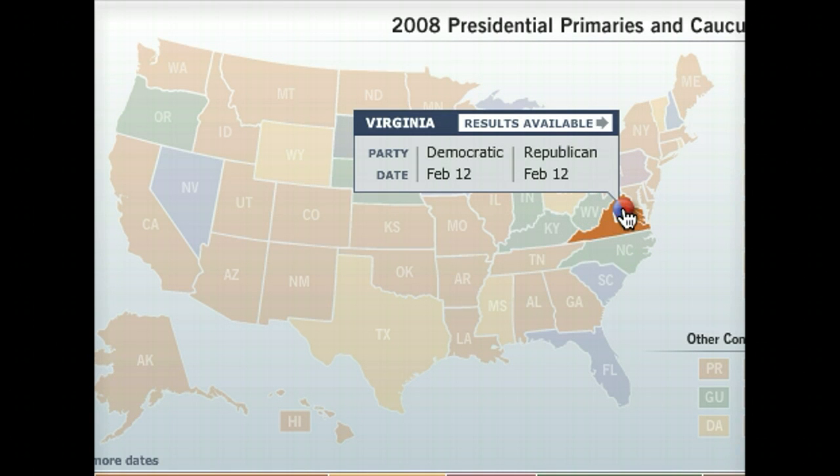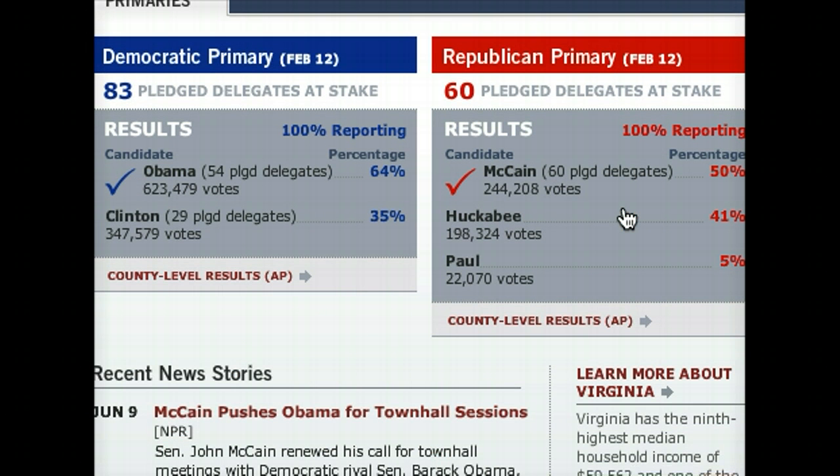So let's look at Virginia, since this is U.S. VA government, essentially. Okay, so I told you that the Democrats in Virginia decide to select their delegates proportionally. And if you look, the Democrats have given the state of Virginia 83 delegates that then go to the Democratic National Convention and pledge their support for a candidate at that convention.